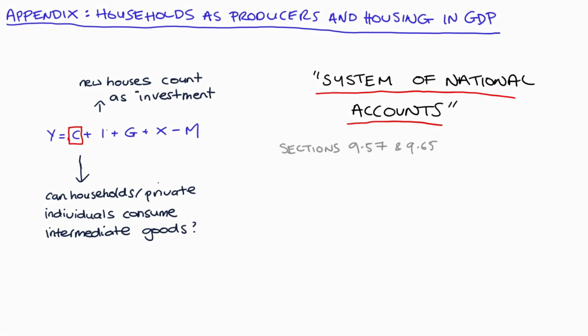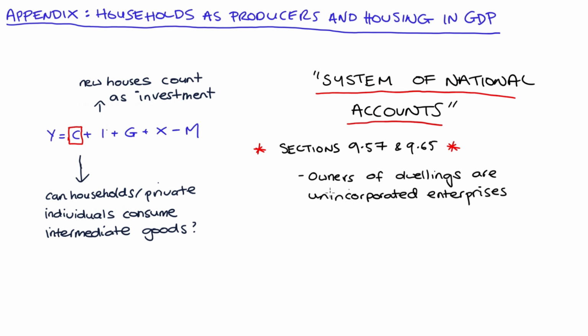Now, throughout the SNA, and especially I'll note sections 9.57 and 9.65, we see that owners of dwellings are considered unincorporated enterprises just in virtue of owning a home. So if you own a dwelling, you automatically become an unincorporated enterprise. We also see that housing is considered a service.